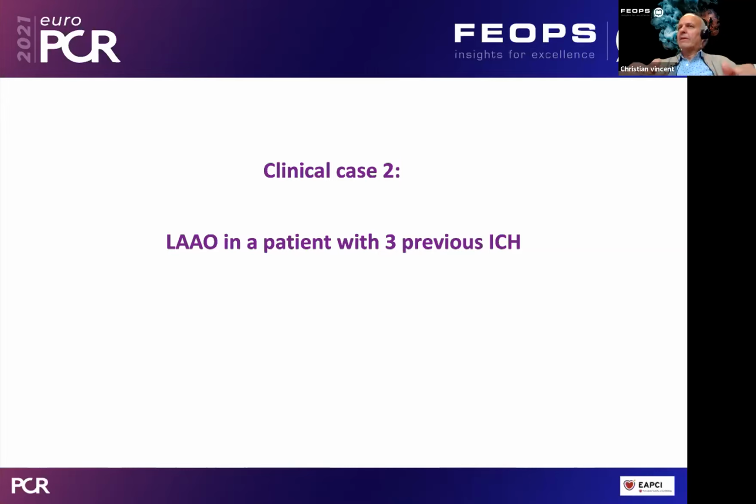So the good news is that next week we launch a new release of the FEops HEARTguide, and in this new release we will have the real shape of the fossa ovalis, and we will also show you what could potentially be the best location for puncturing, and an idea about the trajectory from the fossa ovalis to the LAA as well. So this will be there online as of next week. Concretely, this is great news also for me.